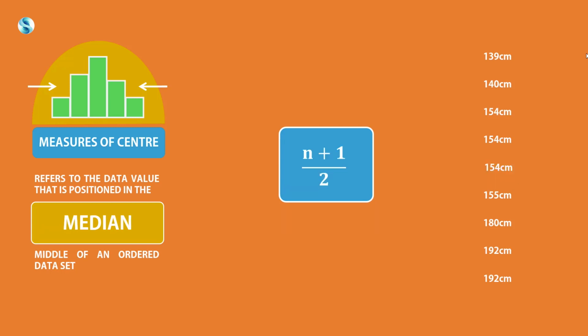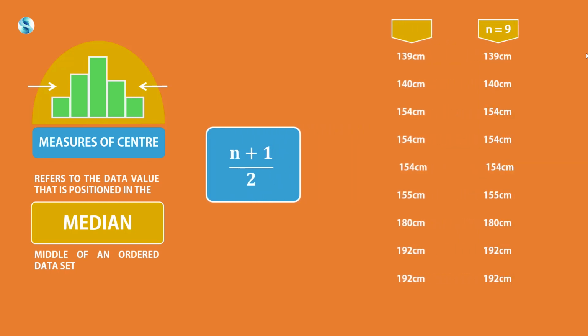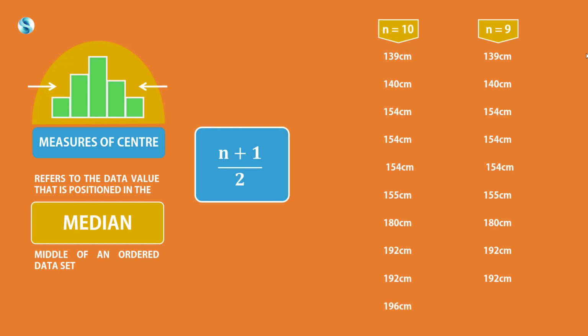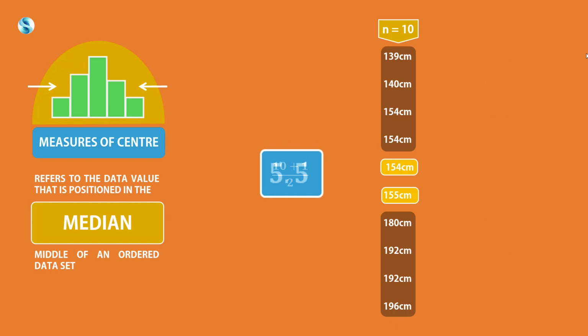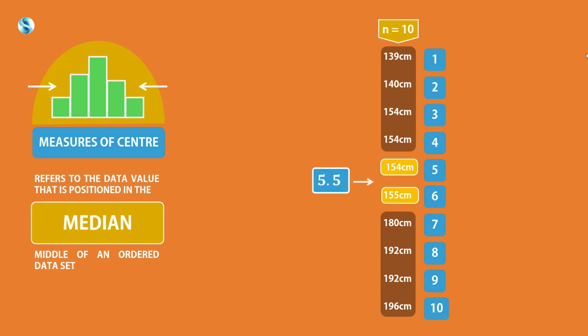We always use the formula (n+1) divided by 2 to find the position of the median when we have an odd amount of data values. The median will always be a data value. However, if n is an even number, we see that we have 2 middle data points, and if we use the formula, we end up with 5.5.